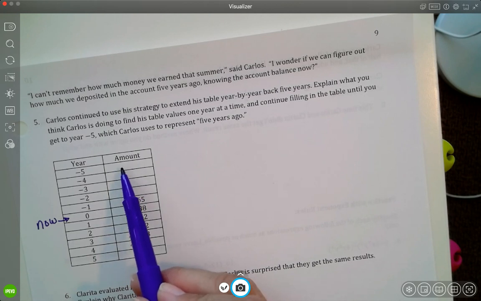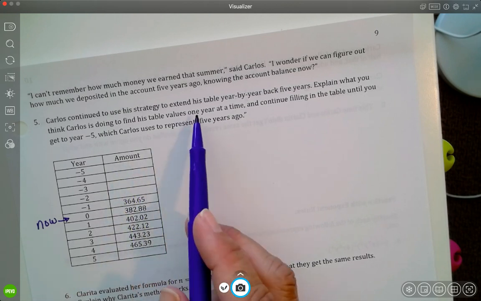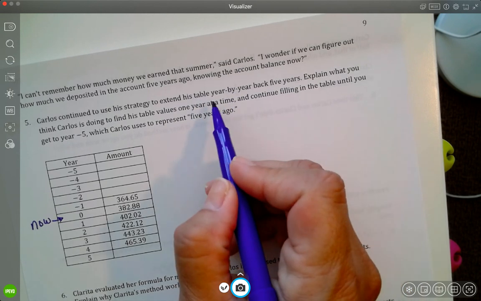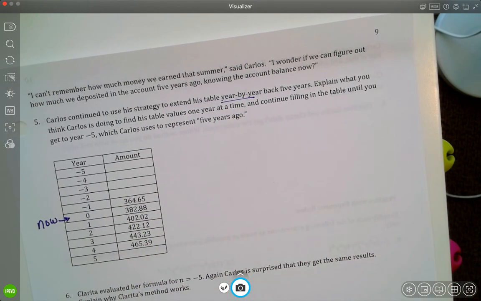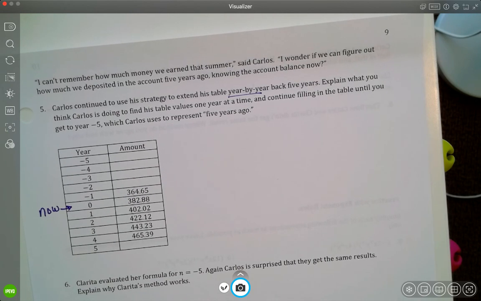So Carlos continued to use his strategy to extend his table year by year back 5 years ago. Explain what you think Carlos is doing to find his table values 1 year at a time, and continue filling in the table until you get to year -5, which Carlos used to represent 5 years ago.